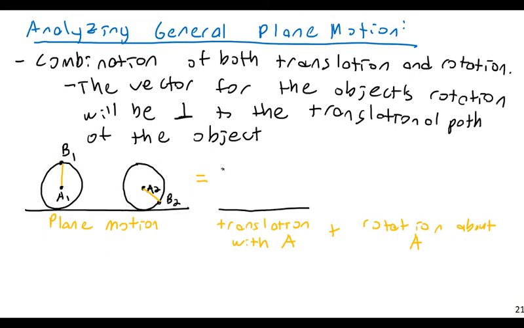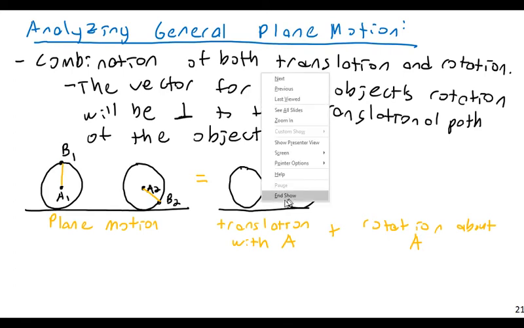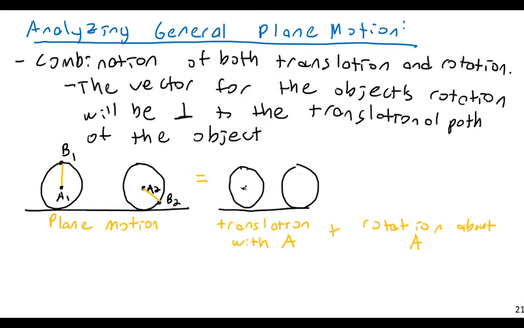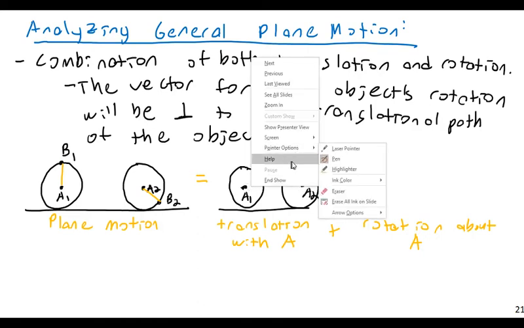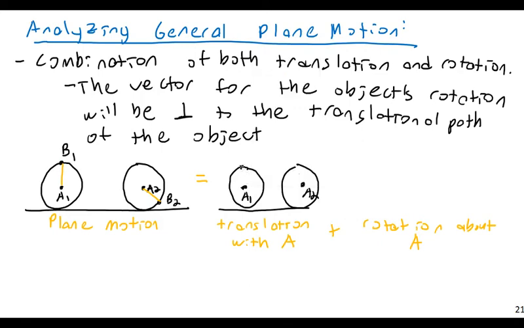Here, if we had just the translational case where this was skidding along the ground, you'd have A1, A2, and this thing just skids along the ground, and B1, B2.